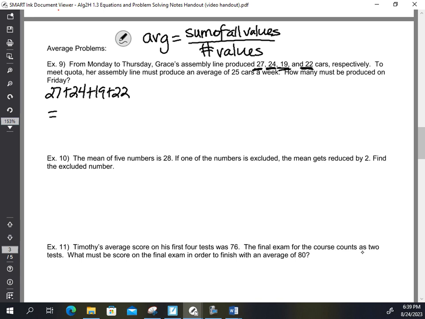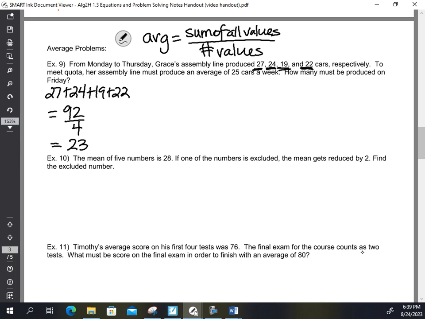If we add them together, that's 92. That's four numbers, so 92 divided by 4 is 23. Right now, we have an average of 23.